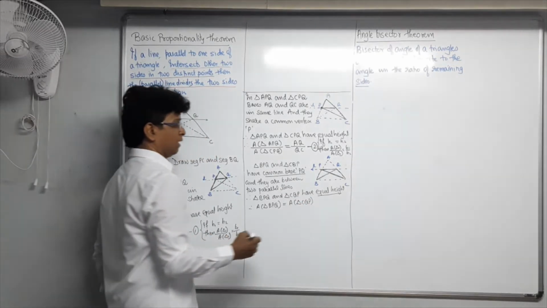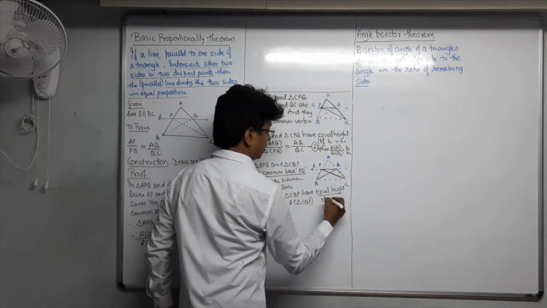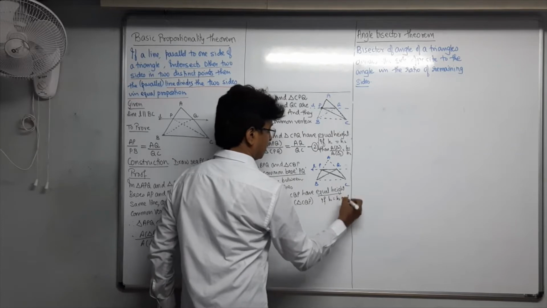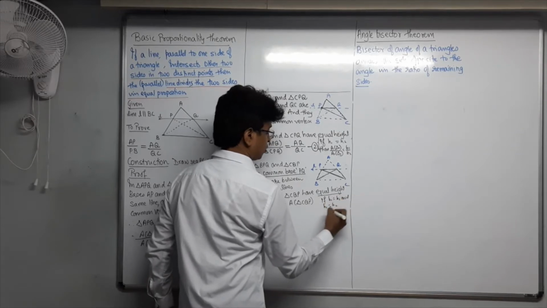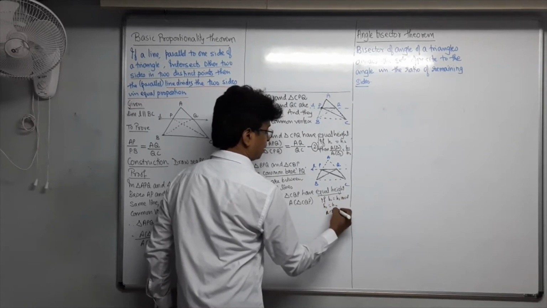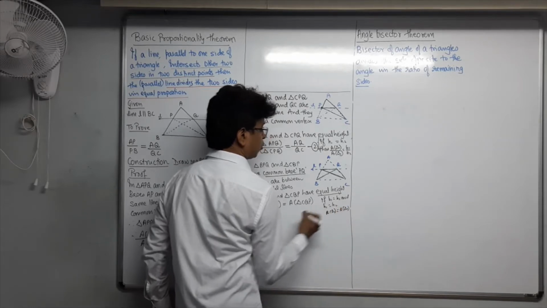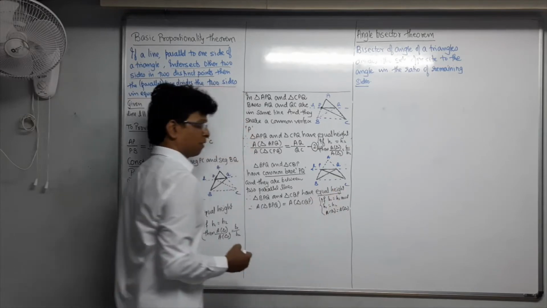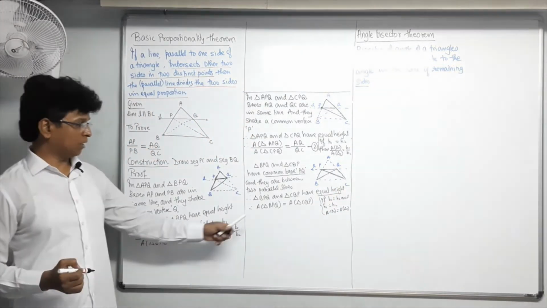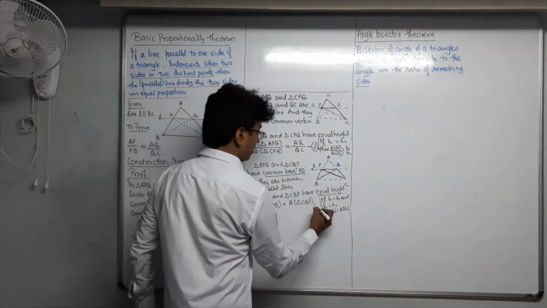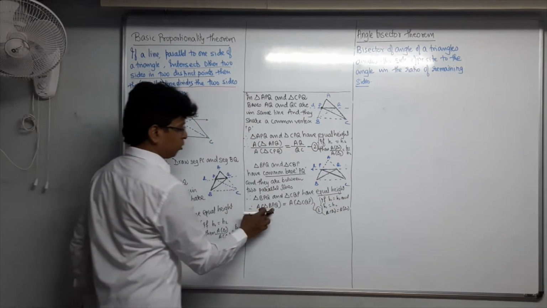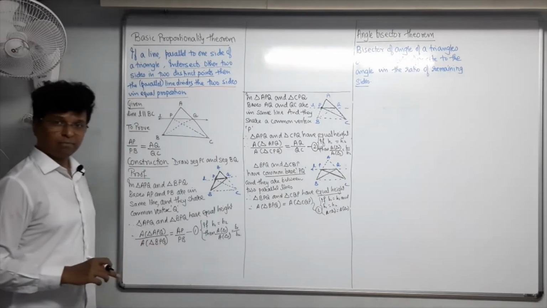Here you can say that if B1 is equal to B2 and H1 is equal to H2, then the area of triangle 1 is equal to the area of triangle 2. This is the rule. So this you have got, and this is going to be your 3. Now see, my dear students, BPQ is equal to CQP.